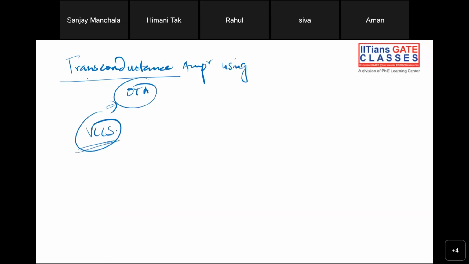Can you tell me what is the name of this amplifier? Voltage controlled current source. Anyone? Can somebody tell me the input resistance and output resistance of a voltage controlled current source amplifier?